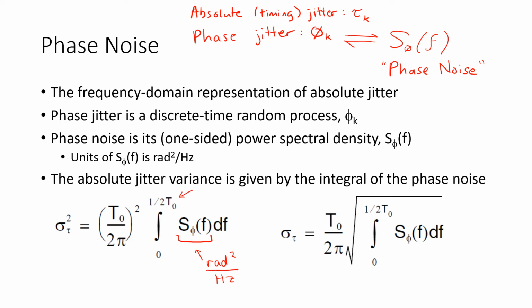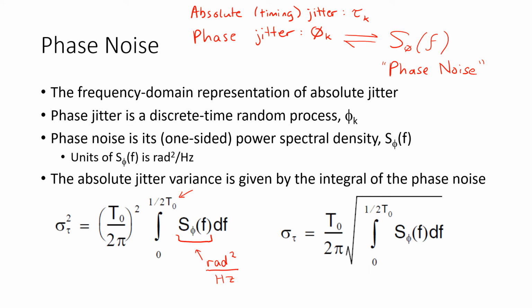You'll sometimes see this written simply as infinity because it's fairly high frequency. It's obviously related to the frequency of the clock that we're measuring. But strictly speaking, it does have an upper limit of integration here.